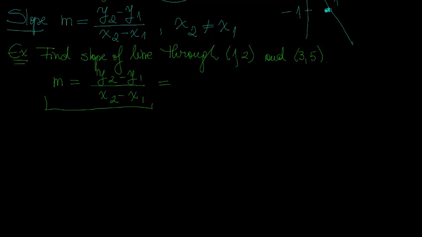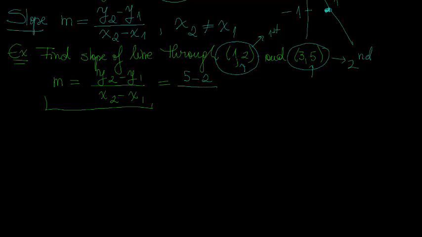And now we need to decide how to plug these numbers into this formula. Well, there was talk about a first point and a second point, so let's just say that this happens to be my second point. It really doesn't matter, you could have chosen it differently, and let's say this is my first point. Having made those choices, I take the y coordinate of the second point, namely 5, that is y2, minus the y coordinate of the first point, that is 2.